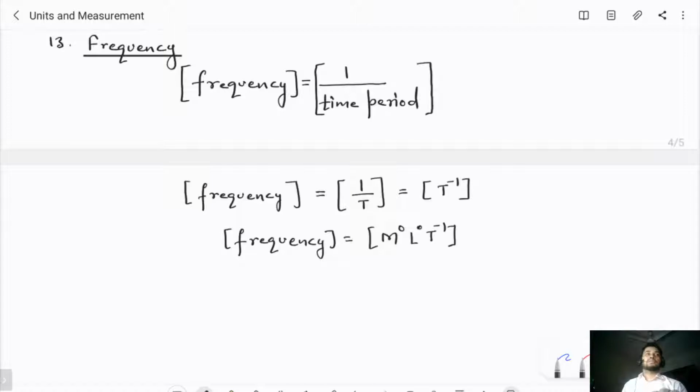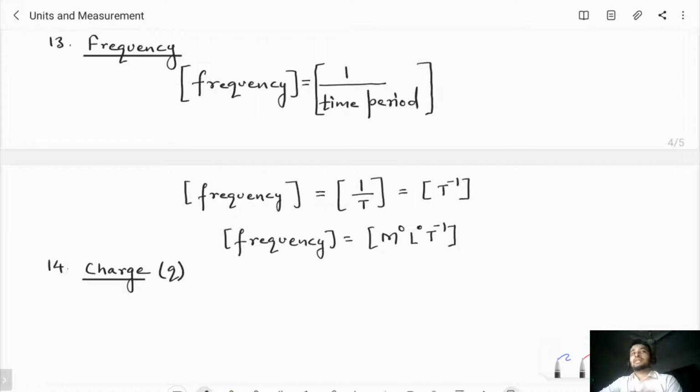Next physical quantity, let us see charge. Charge that we represent by q. So see, the charge has not been taken as fundamental quantity.